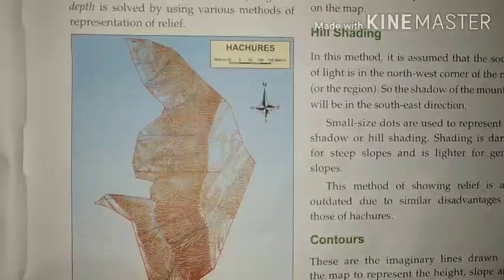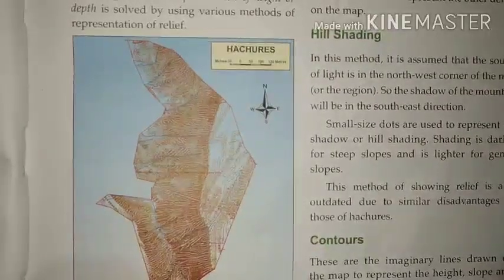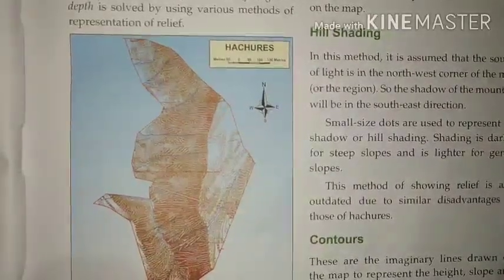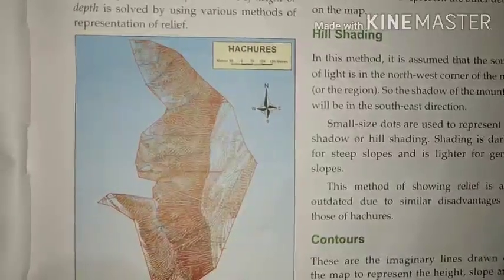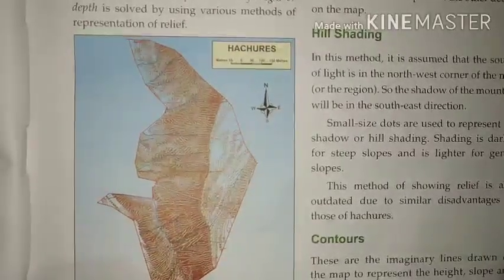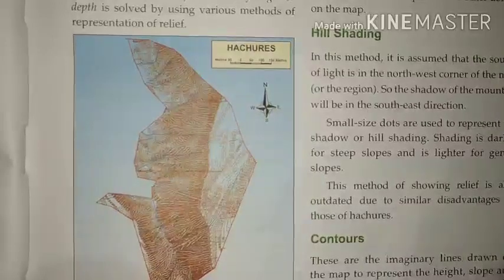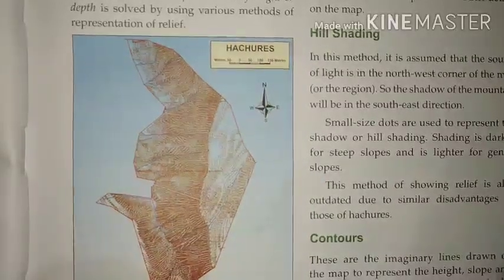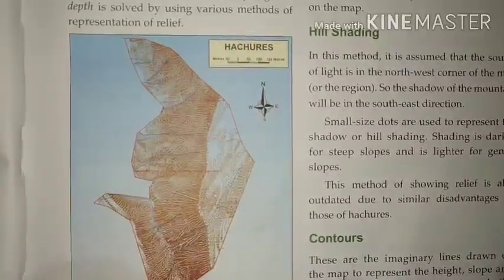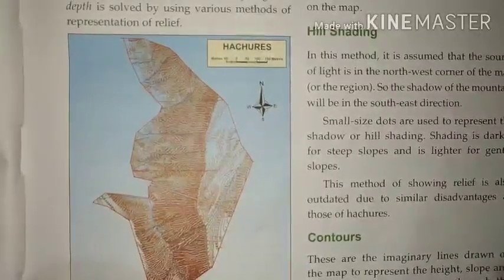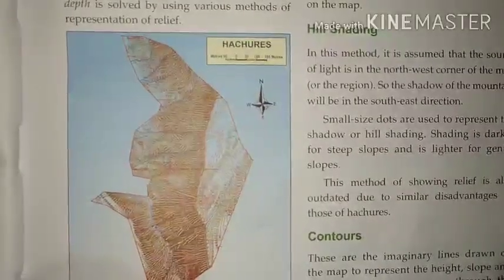When we were using the hill shading method, we placed a lamp towards the northwest corner of the map, and the direction of the shadow will be towards the southeast.